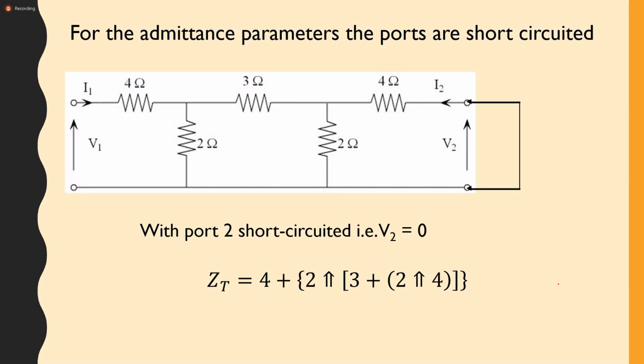So now, with that port short circuited, going back to our equation, note the change here. The 3 is now in series with the 2 and the 4, which are now in parallel, because I have put in the short circuit.